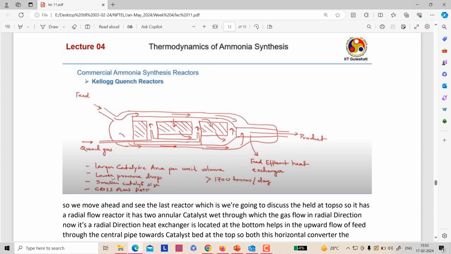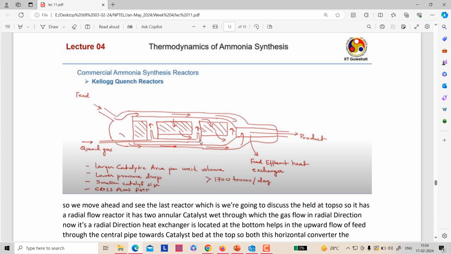Then this leads to the low pressure drop also, that is why the pressure is easy to control inside the axial Kellogg quench reactor. Then there is a cross flow pattern. So here the feed is coming, then quench gas is going from here, and in the catalyst, reactions are also happening.